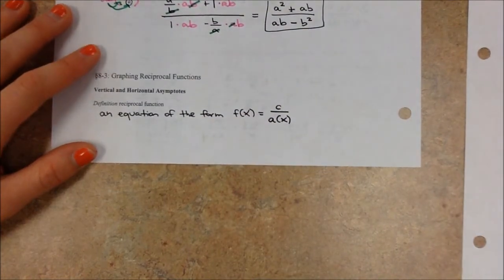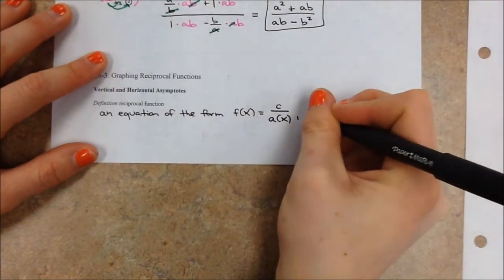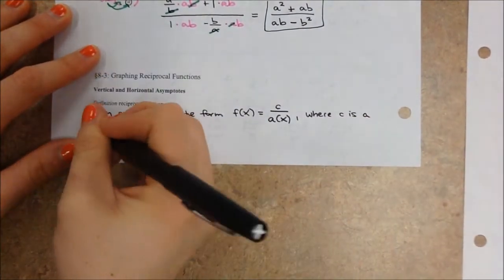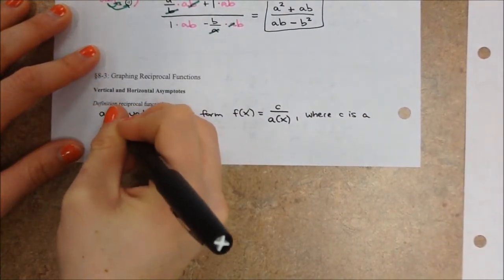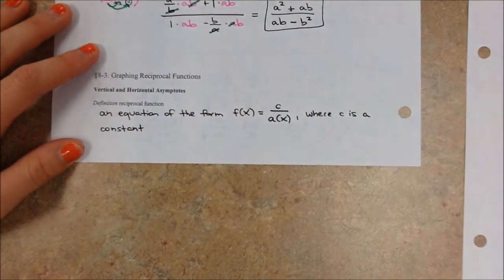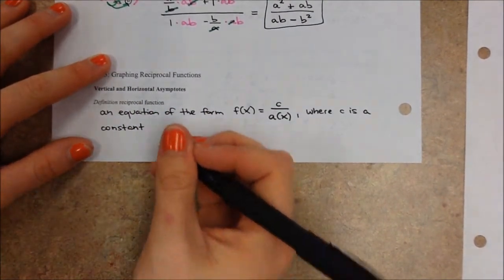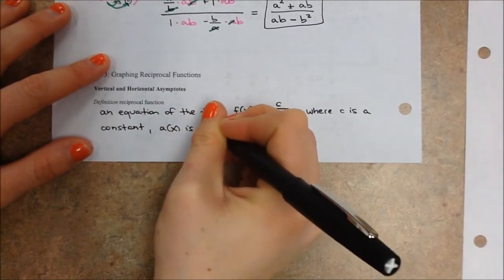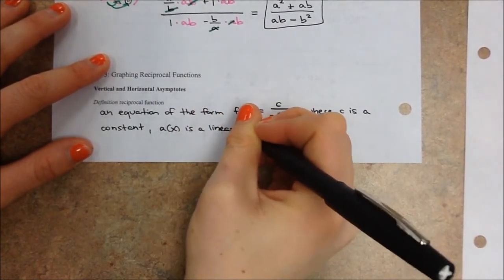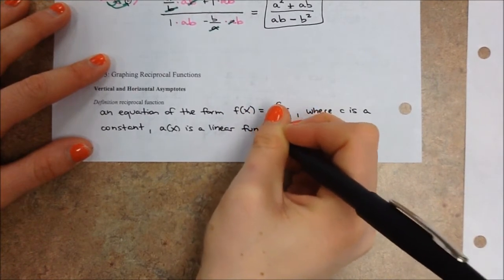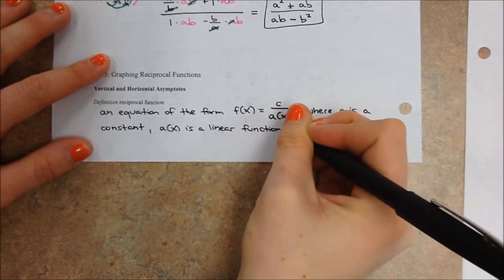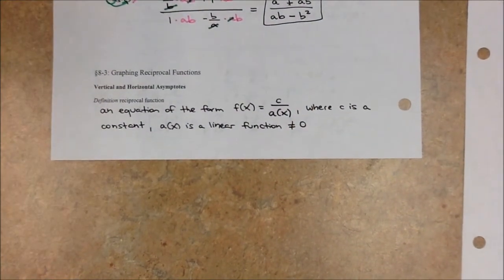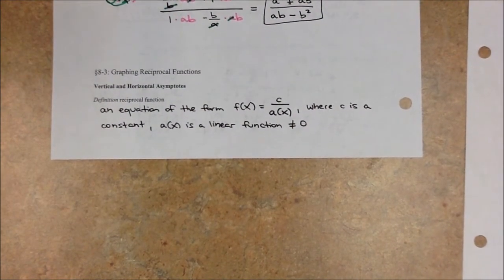I'm going to explain exactly what those pieces are, where c is a constant, so just some number, maybe a 2 or a -4, and a of x is a linear function that's not equal to 0, because we know our denominator can't be 0, otherwise it's undefined.